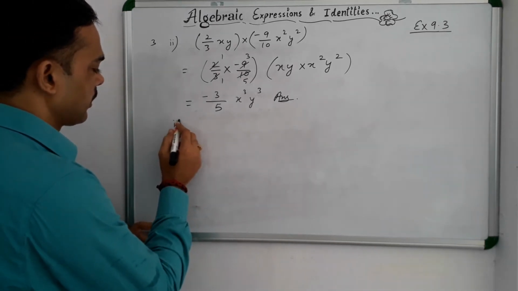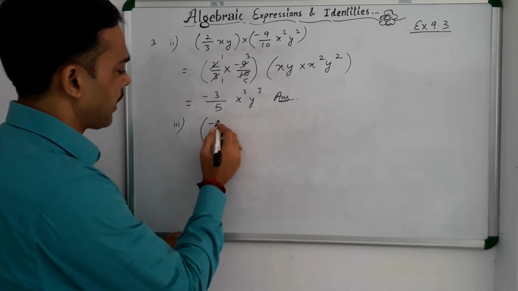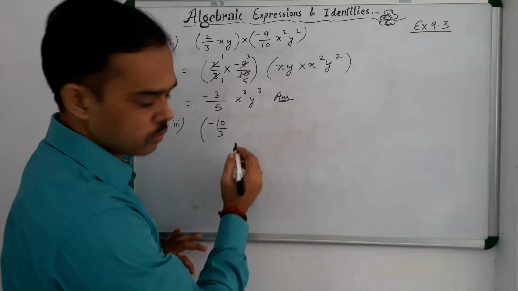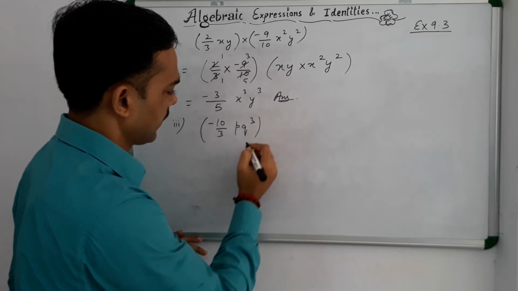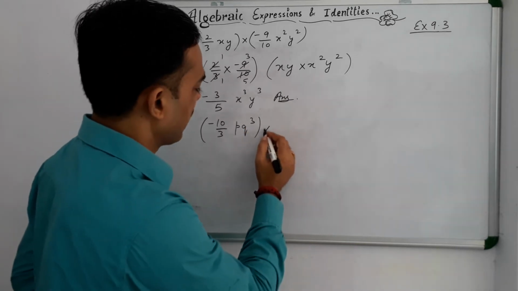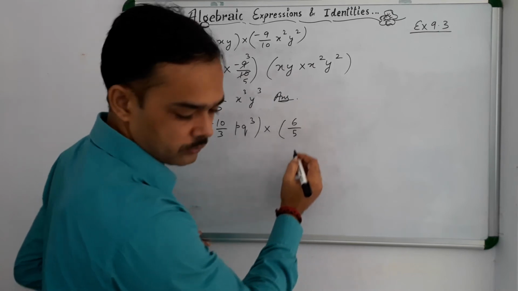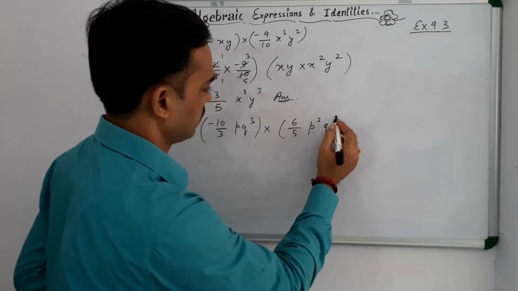In the third part, the question that is mentioned is (−10/3)pq³ in one bracket. In another bracket it is (6/5)p³q.